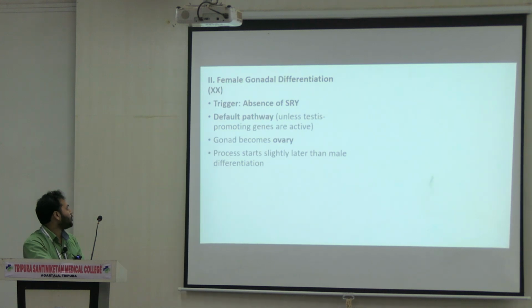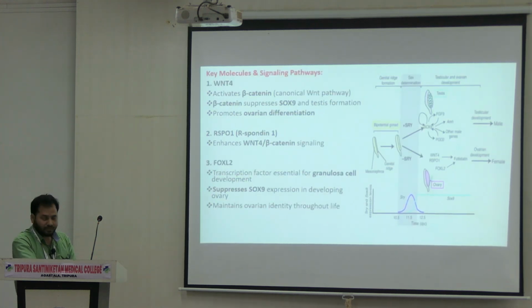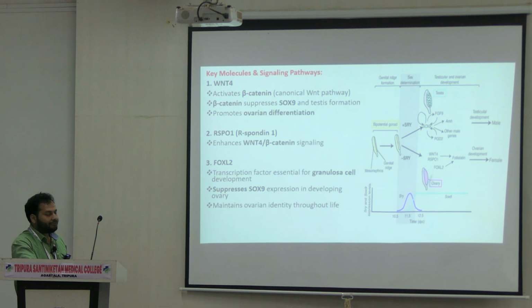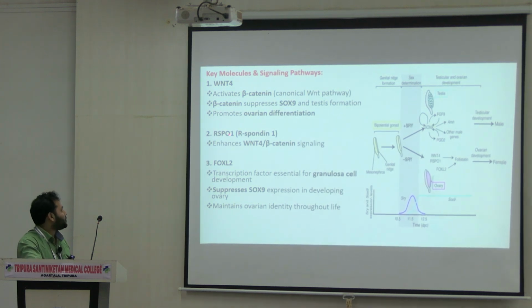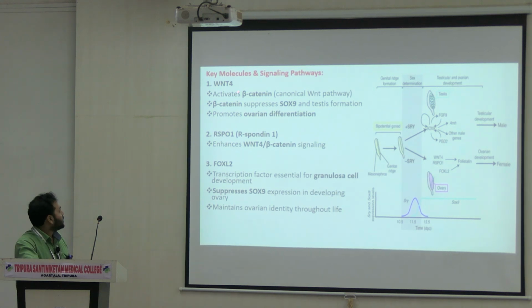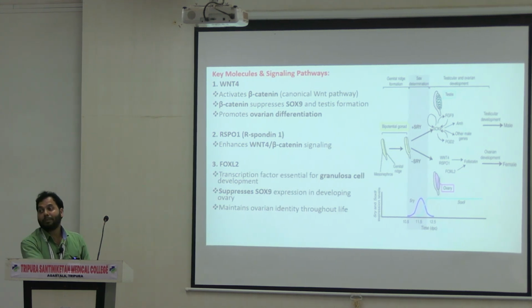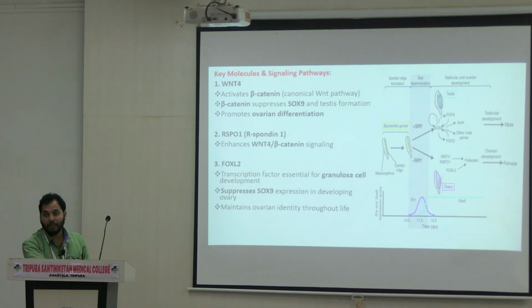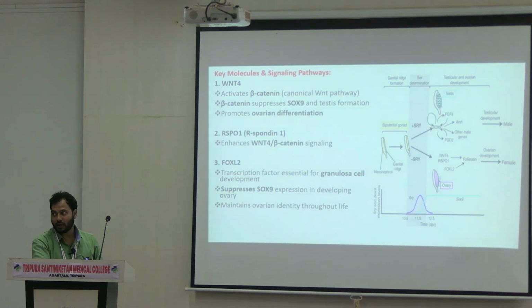Here, in the female pathway, you can see the role of WNT4, RSPO1 and FOXL2. See here, WNT4 activates another important signaling molecule, beta-catenin, and ultimately the presence of that beta-catenin suppresses SOX9. So suppression of SOX9 means suppression of the male pathway.